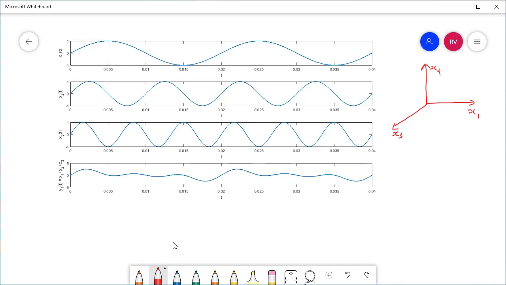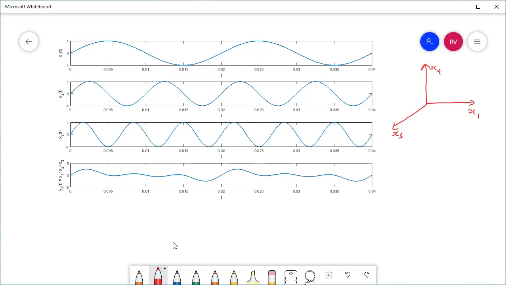y1 is constructed from x1, x2 and x3 by simply adding them without any scaling. These sine waves are sine waves with unit amplitude.